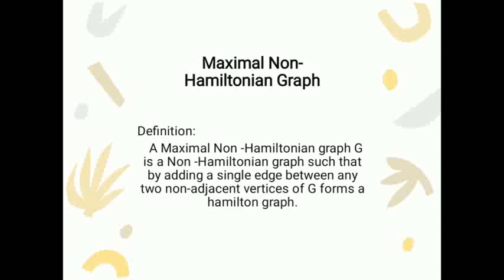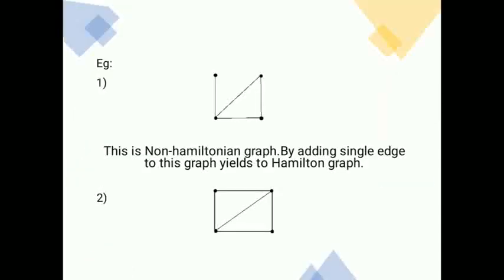Now we move on to maximal non-Hamiltonian graph. We have a definition. A maximal non-Hamiltonian graph G is a non-Hamiltonian graph such that adding a single edge between any two non-adjacent vertices of G forms a Hamiltonian graph. Now we have an example.